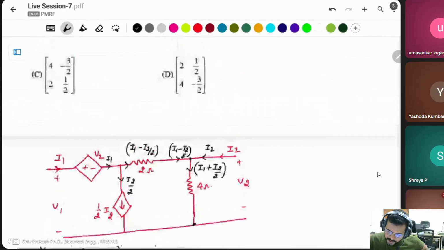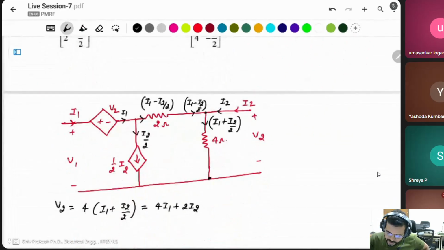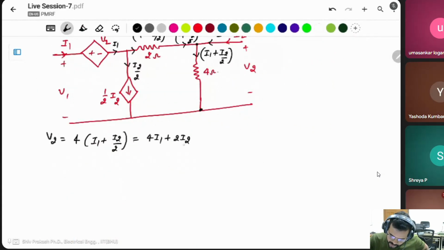We have to find the current I2, I2 in terms of I1 and V2. Only 3 parameters there. Then we get the value of I2 from here. 2I2 is equal to minus of 4I1 plus V2. Then what is the I2? I2 is minus of 2I1 plus half V2.